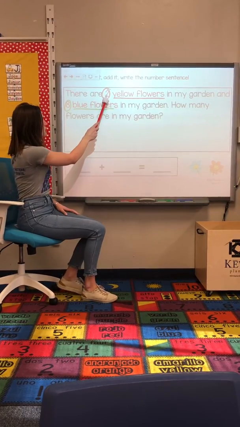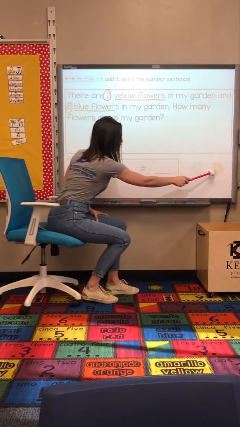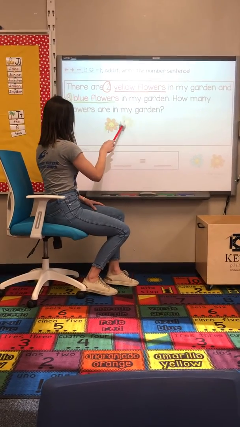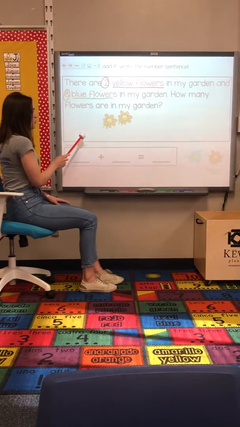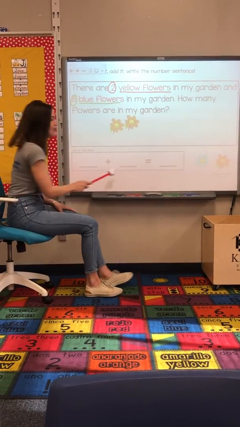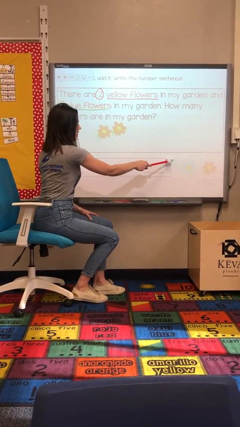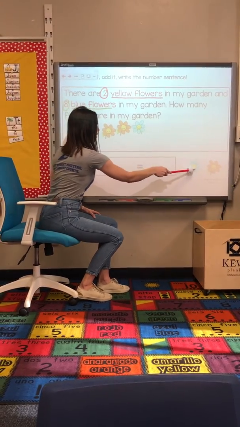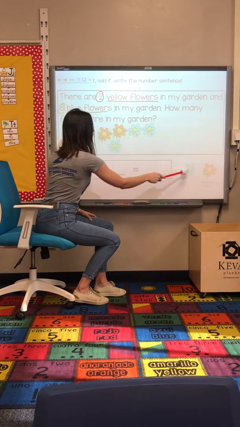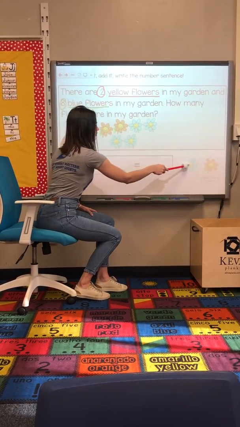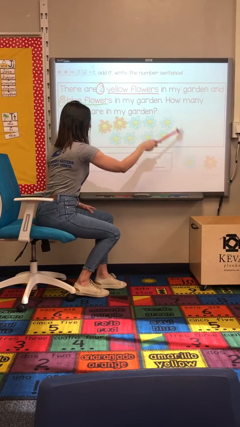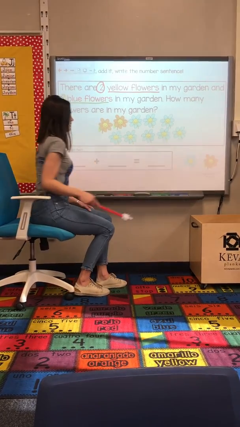So we need 2 yellow flowers. So I'm going to drag up 2 yellow flowers. What else do I need to add? That's right, blue flowers. I need 8 blue flowers, so let's drag those up. 1, 2, 3, 4, 5, 6, 7, 8.